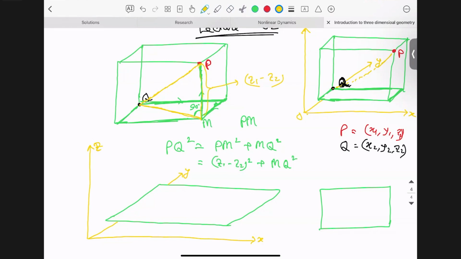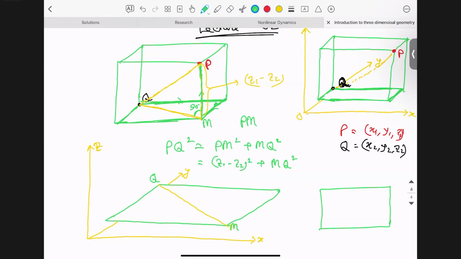Now I need to find this MQ. This is our M, and this is our Q. To obtain MQ, we can do what?